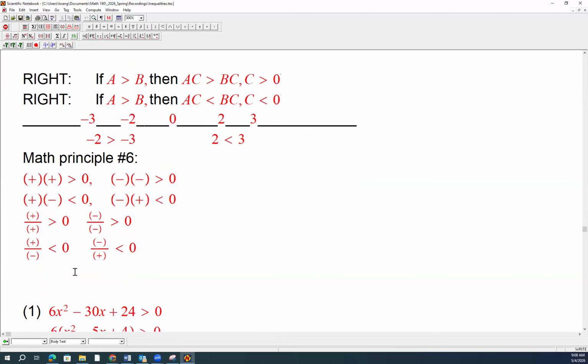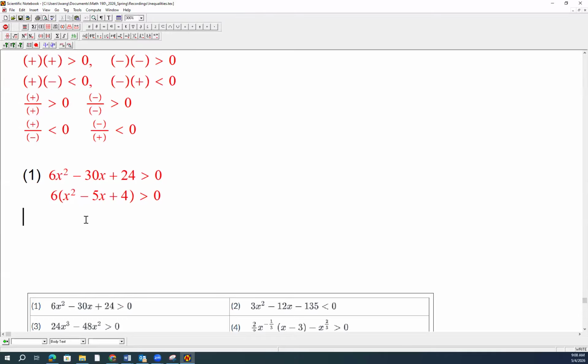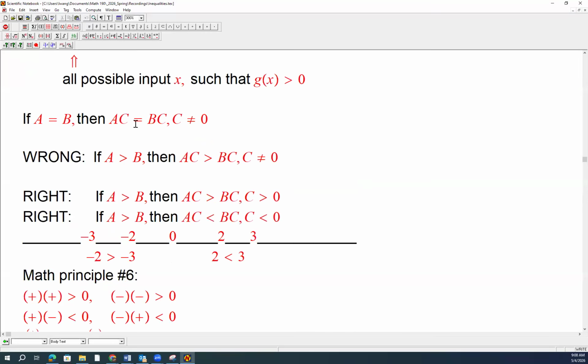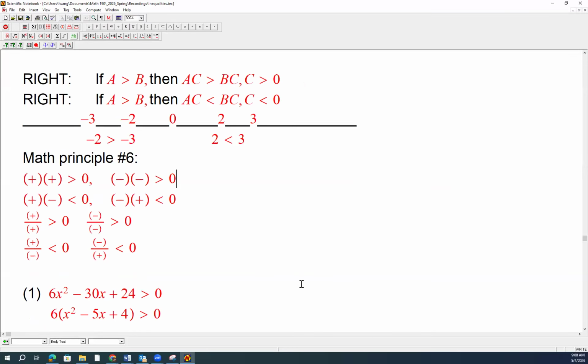Okay, so without further ado, now we're ready. For this first one, we have factoring, right? You can see in all these principles, they all involve factoring.